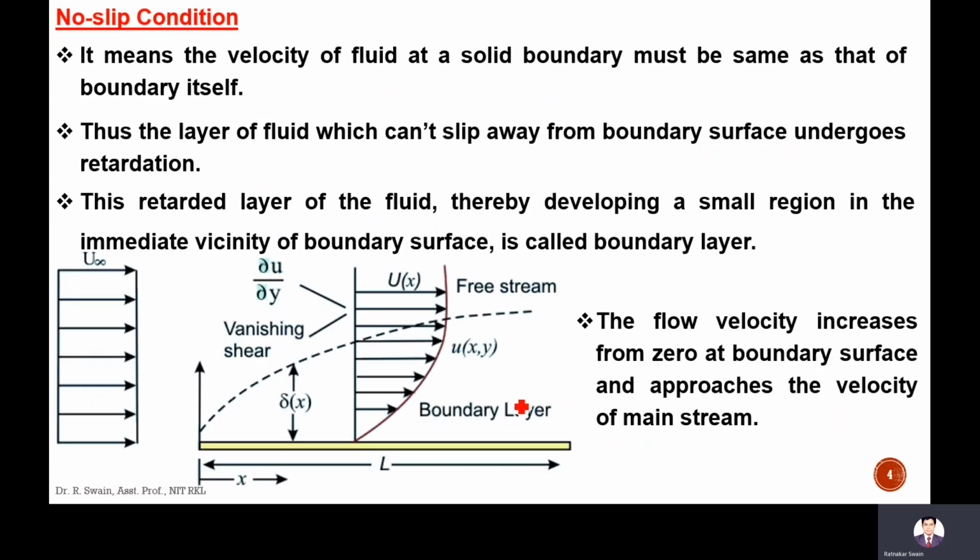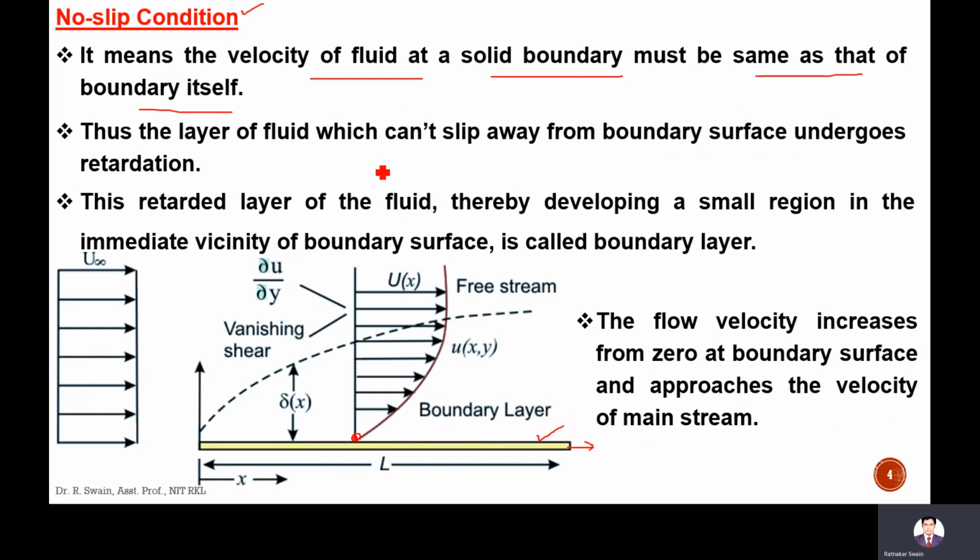No slip means the velocity of fluid at a solid boundary must be the same as that of the boundary itself. Let this be the boundary, this be the plate. If this plate is moving at some velocity, the velocity of fluid at the contact here will be the same as this plate velocity. If it is not moving, if it is at rest, then here the velocity will be 0.